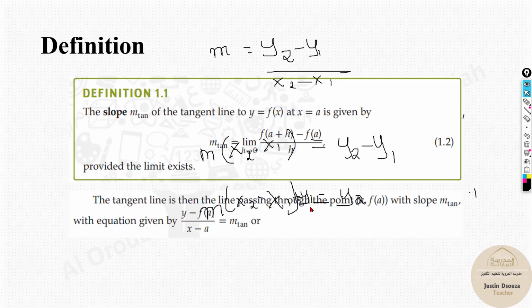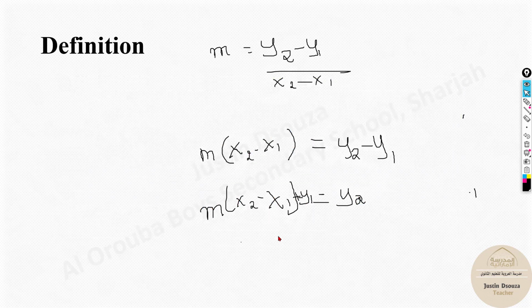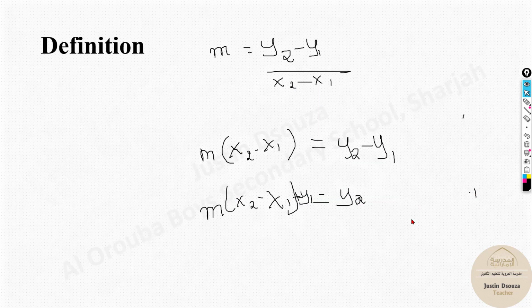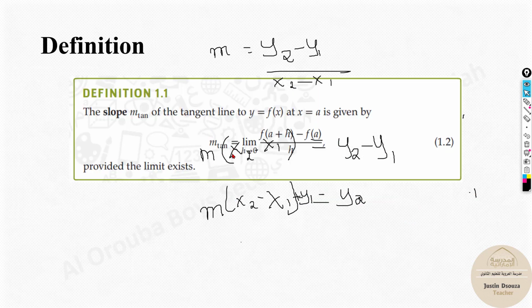This is the equation of a line, of a given tangent line. So now you can see m is the slope of the tangent line. We can find it by using the above formula, where limit h tends to 0. Now in the previous slide we had written secant. Why? Because that's the secant, because there are 2 points. But as we take the limit of this h, the distance, towards 0, it becomes the tangent line.